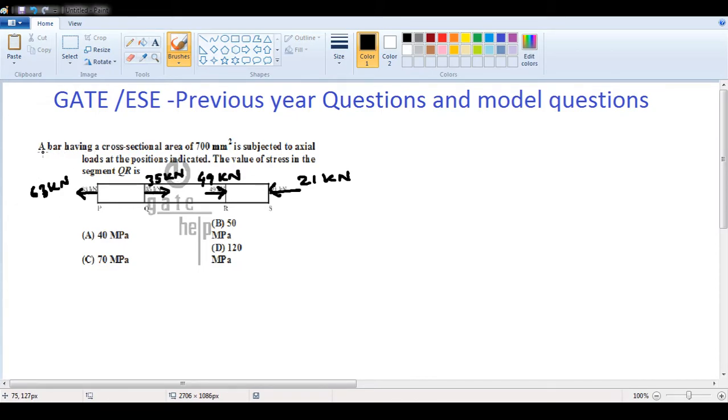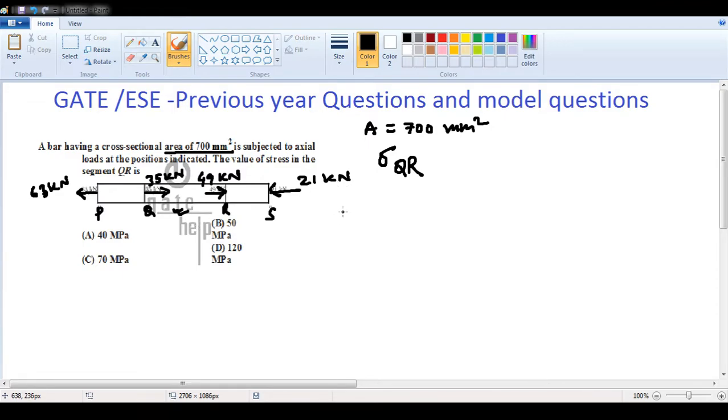The question is telling a bar having a cross sectional area 700 mm square, subjected to an axial load at the positions indicated. The value of stress in the segment QR. Which is QR? This is P, this is Q, this is R, this is S. So the question is asking what is the stress in QR section.